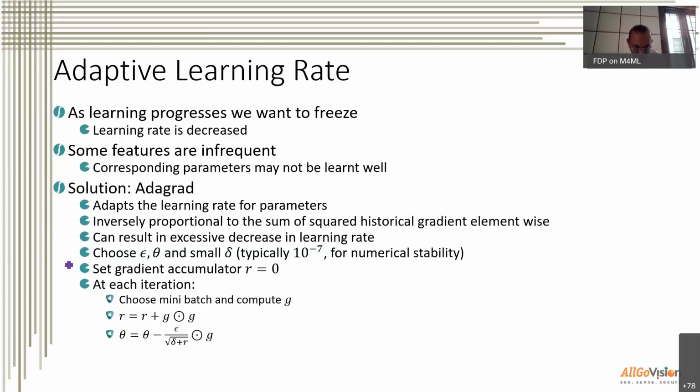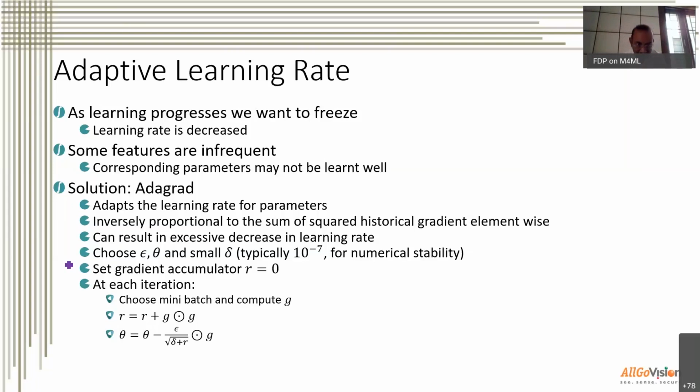So how do I do that? I can look at the gradient element-wise, and from there I can make out which components have gone through significant learning and which have not. So what I do is, I keep accumulating the square sum of gradients.